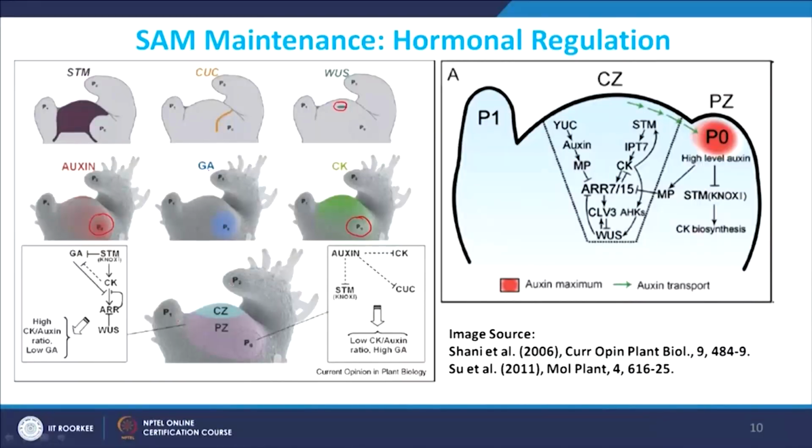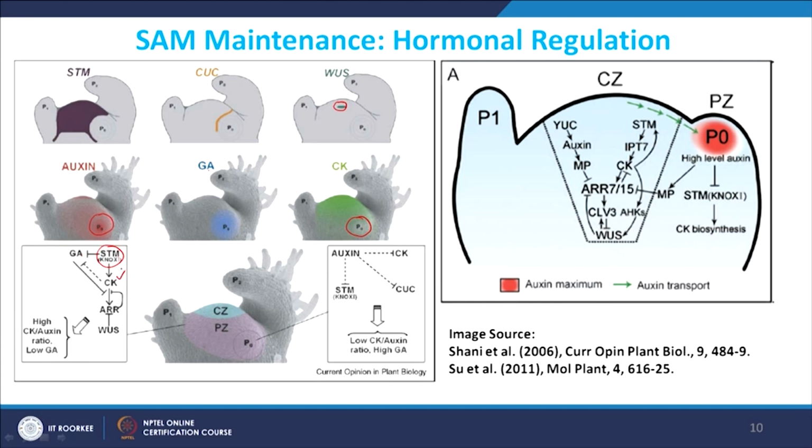So, if you look at this structure, this is the central zone, this is the peripheral zone. In the central zone, what is happening? You have a high cytokinin to auxin ratio. So, you have high cytokinin and low auxin, and gibberellic acid is low. STM is present everywhere, so STM is important.